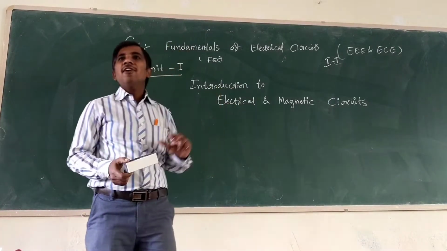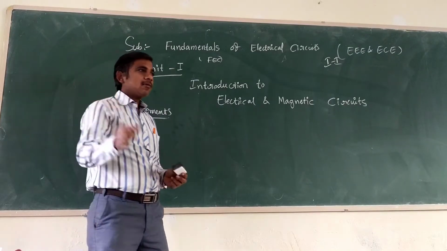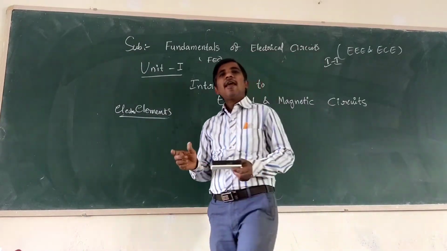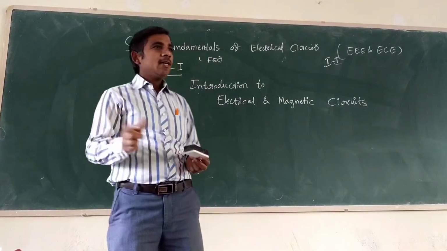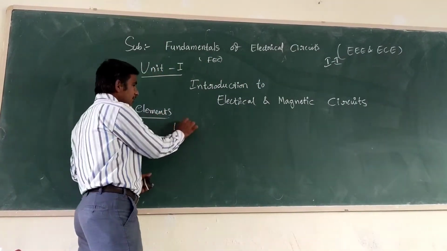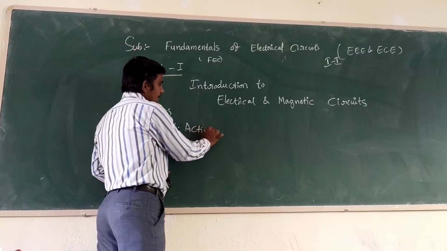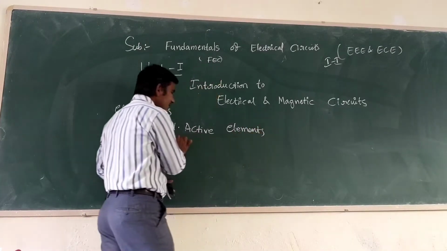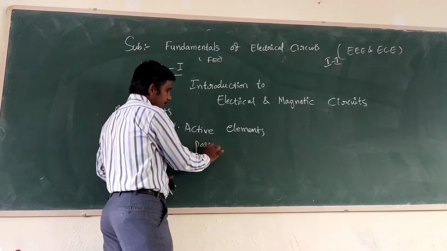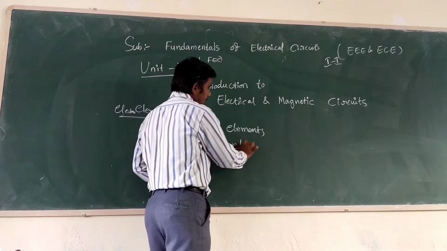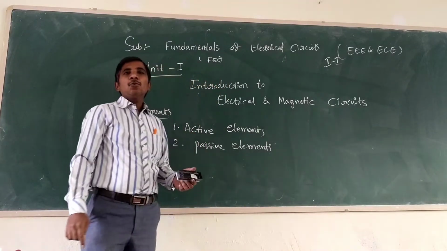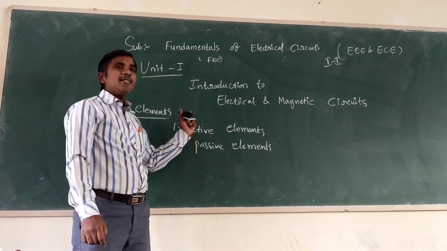There are two types of elements which are present in any circuit: active elements and passive elements. These are the two types of elements which are present in any circuit.